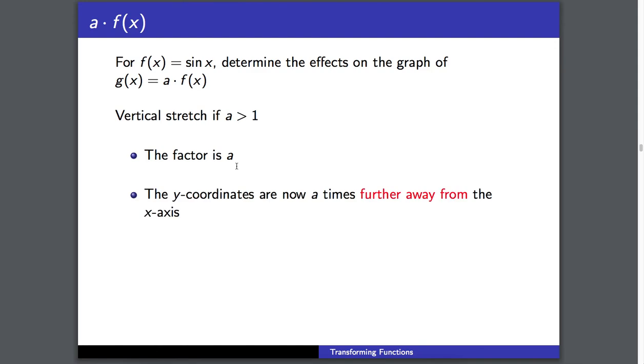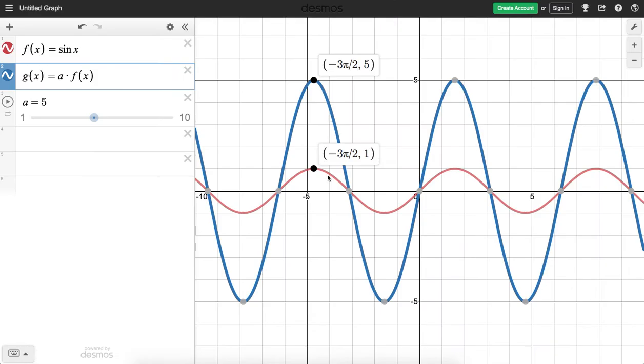And the y-coordinates are now, whatever that value of a is, that many times further away from the x-axis. So originally this point was 1 unit away from the x-axis. But if we multiply the function by 5, now that same x-coordinate on this blue graph is 5 times further from the x-axis than it used to be.